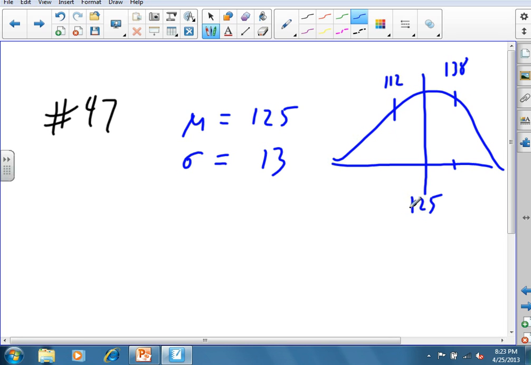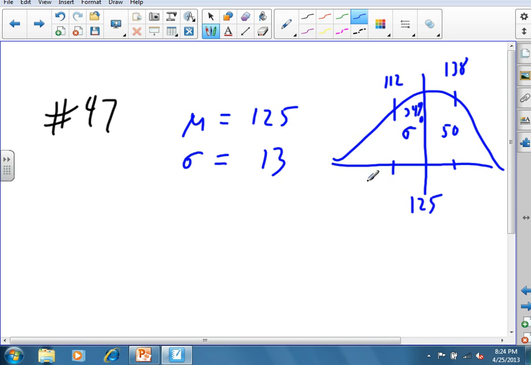And 112 sits right at the first standard deviation, right? If 100% is the whole thing, and 50% is on this side, and 34% is sitting there. Is it 34%? I think it is. Half of 68, right, 34%.